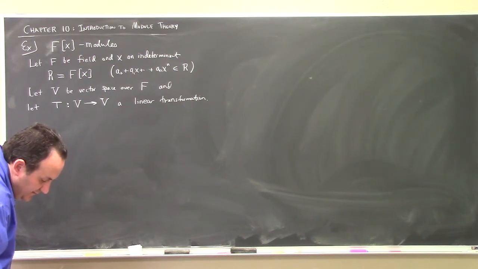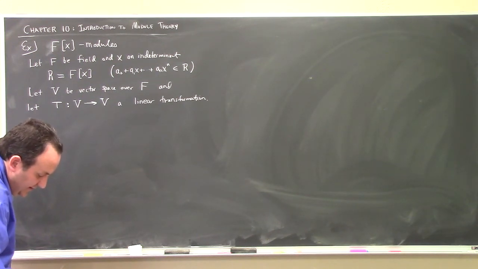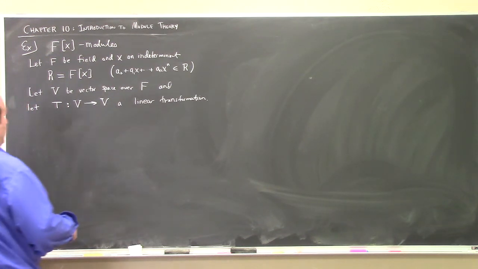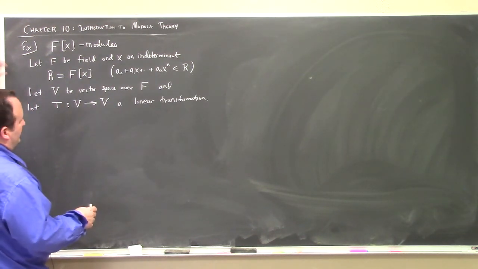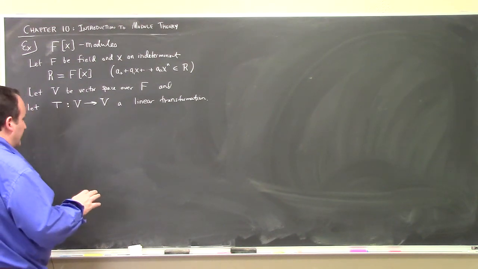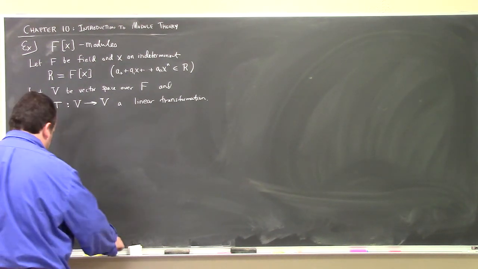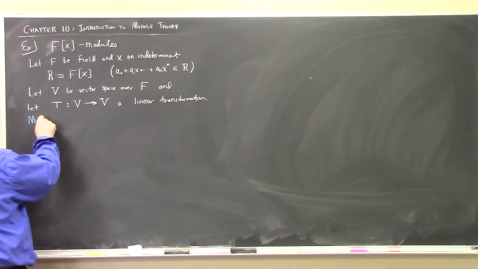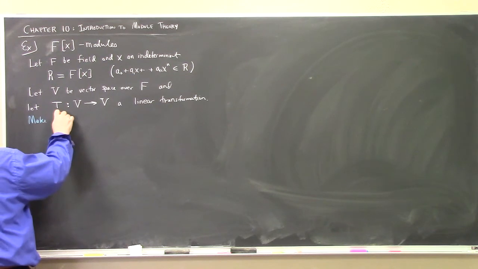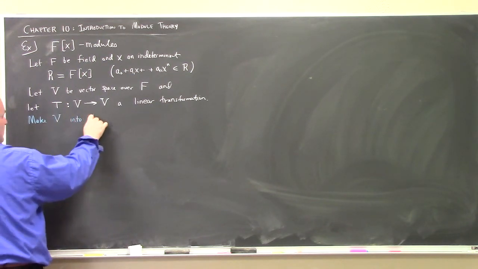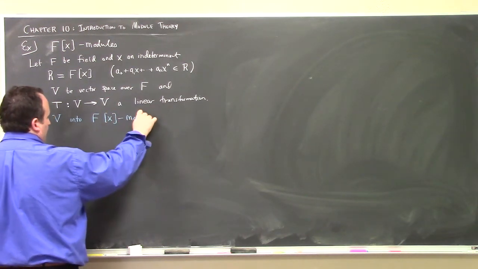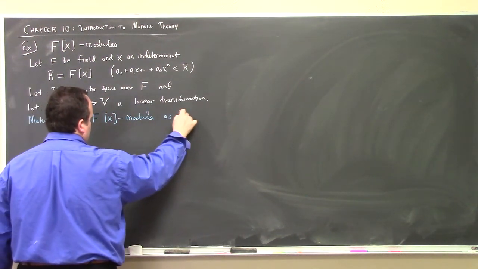We've already seen that V is an F module, but the linear map T will enable us to make V into an F[x] module. So we already know V is an F module, fine, we talked about that earlier. But in fact, we now describe how to make V into an F[x] module as follows.